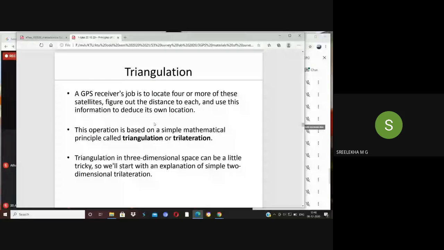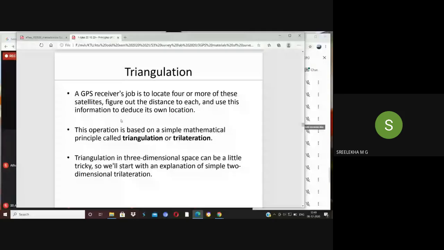That is, we are locating the position of our GPS receiver by means of 3 or 4 satellites. Actually, a minimum of 3 satellites will be required, and the fourth satellite is required for correcting the error. If some error is there, that can be corrected by means of the fourth satellite. So altogether, 4 satellites are minimum required. The more satellites, the more our accuracy.